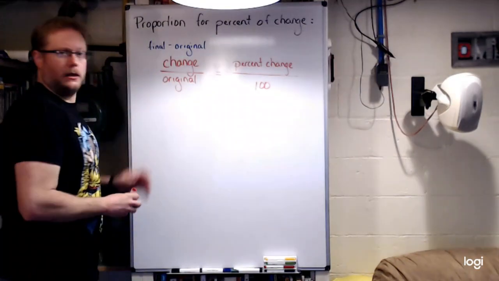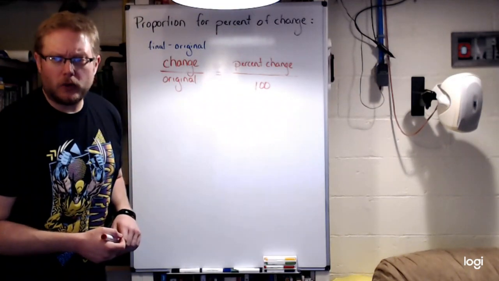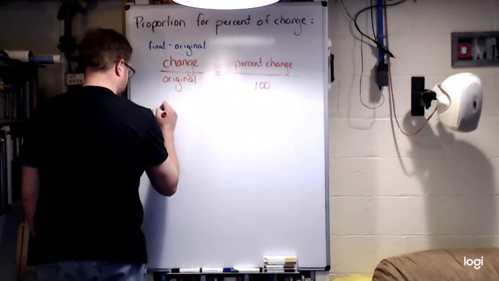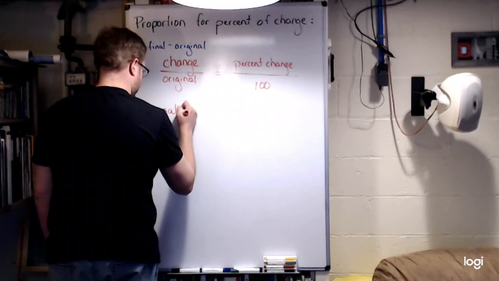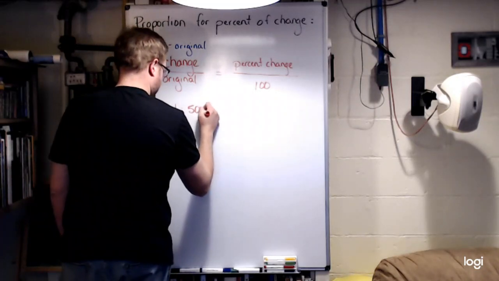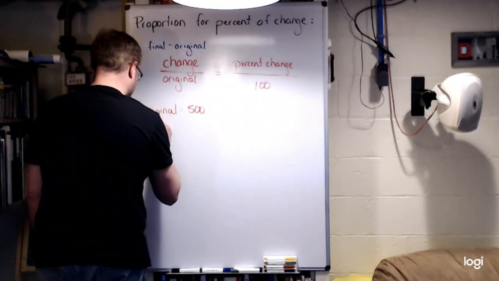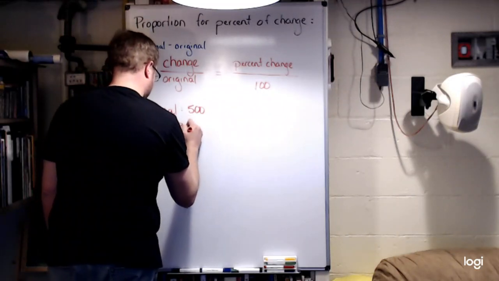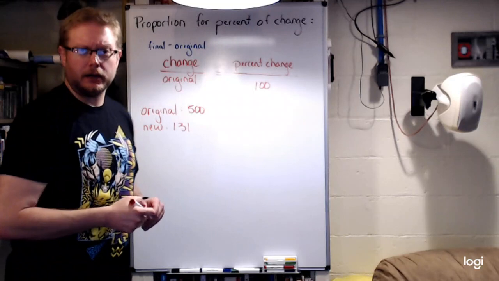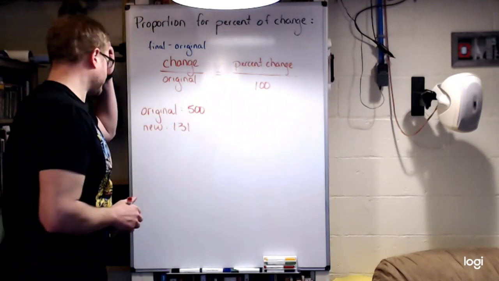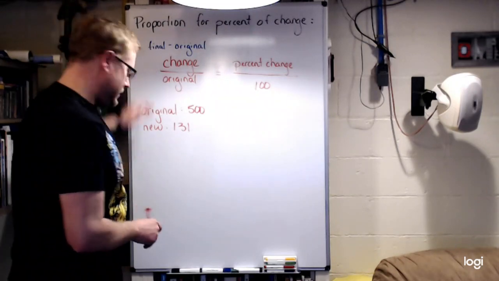Okay. So once again, for 1D, we have the original of 500. And then we have a new amount of 131. So once again, original 500, new amount 131. We need to figure out our change.